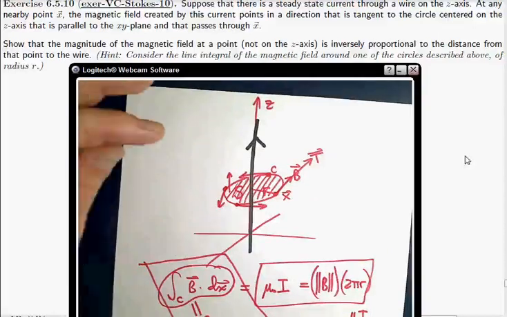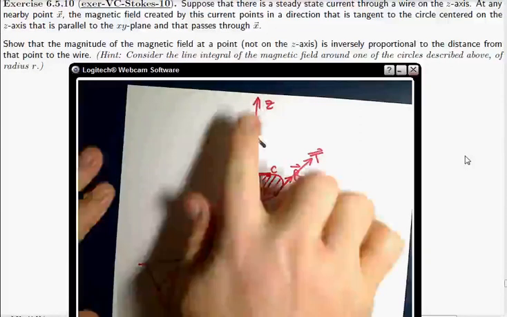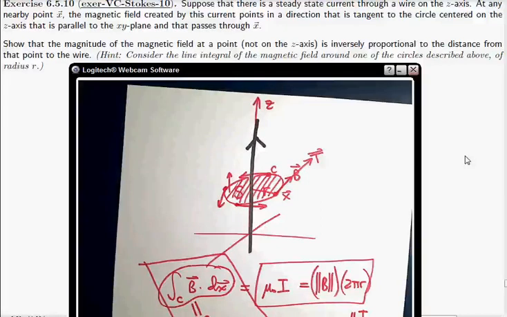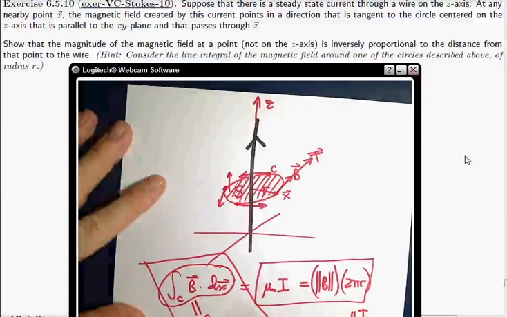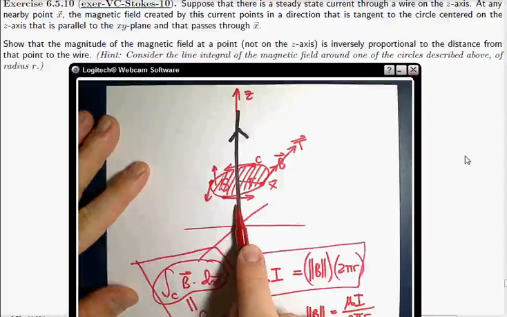So I claim that if we were to take the whole picture and rotate it, then everything rotates. The wire would rotate around the z-axis. The magnetic field correspondingly would rotate because it's a real physical thing. If you pick the whole thing up and rotate it, everything has to rotate. But critically, when you rotate that wire around the z-axis, nothing happens.